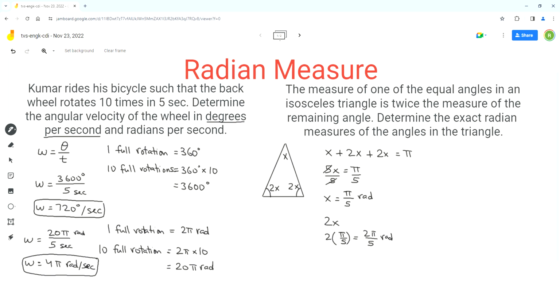So therefore, the measures of the angles in this triangle can be written as pi over 5 radians, 2 pi over 5 radians, and then the other angle, which is equal to the other angle. So these are the three angles in this triangle that satisfy the given condition.